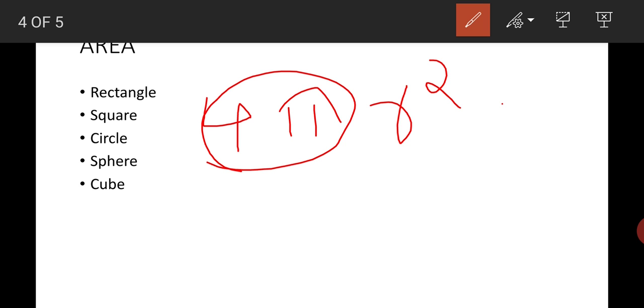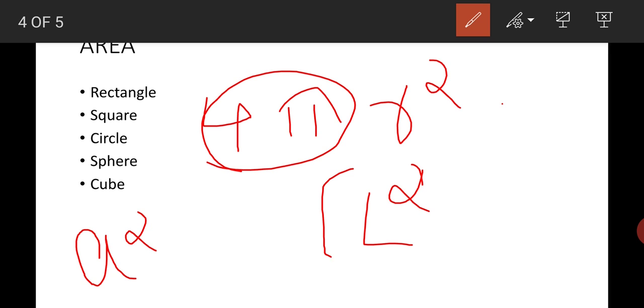For r square, r is the length, so L square will be the dimension of the area of a sphere. Then we have cube. The area of one of the faces of a cube is a square, so it also has the dimension L square.